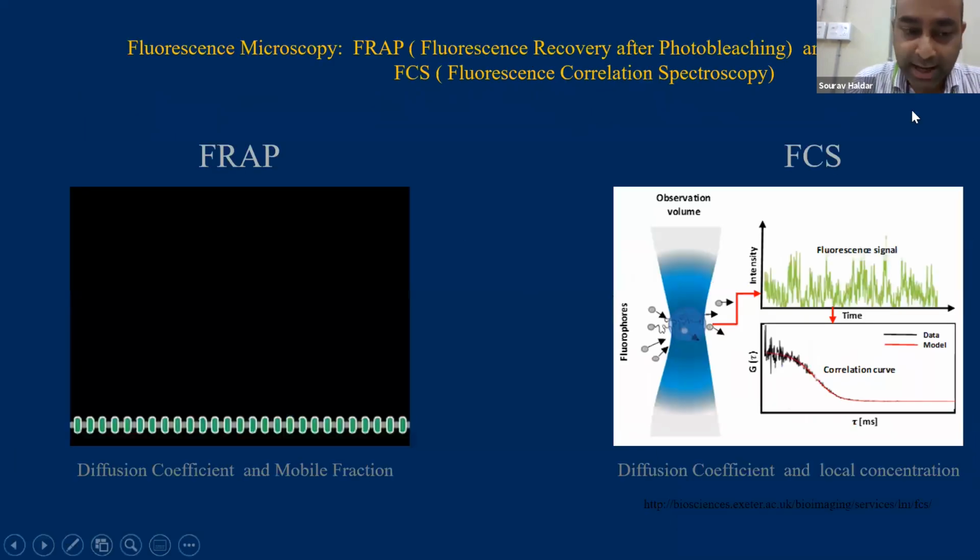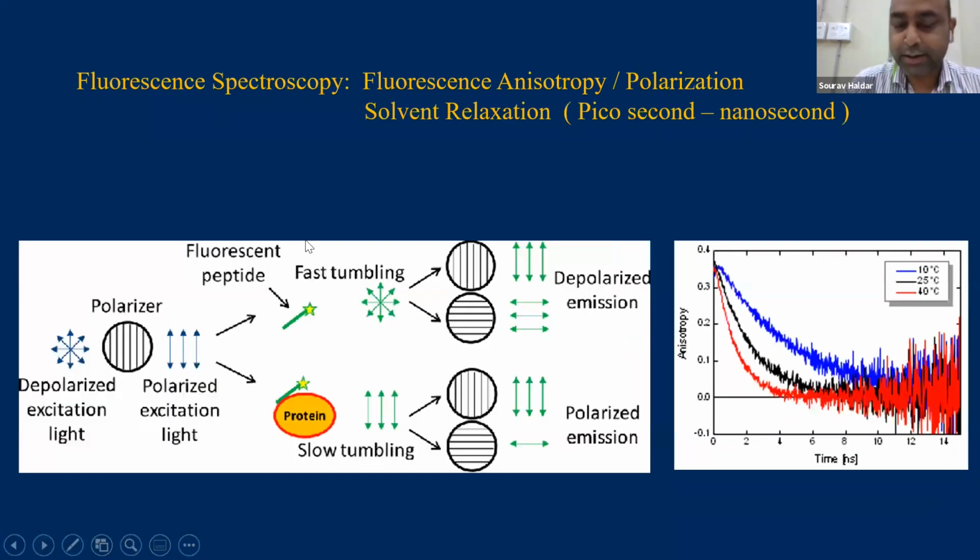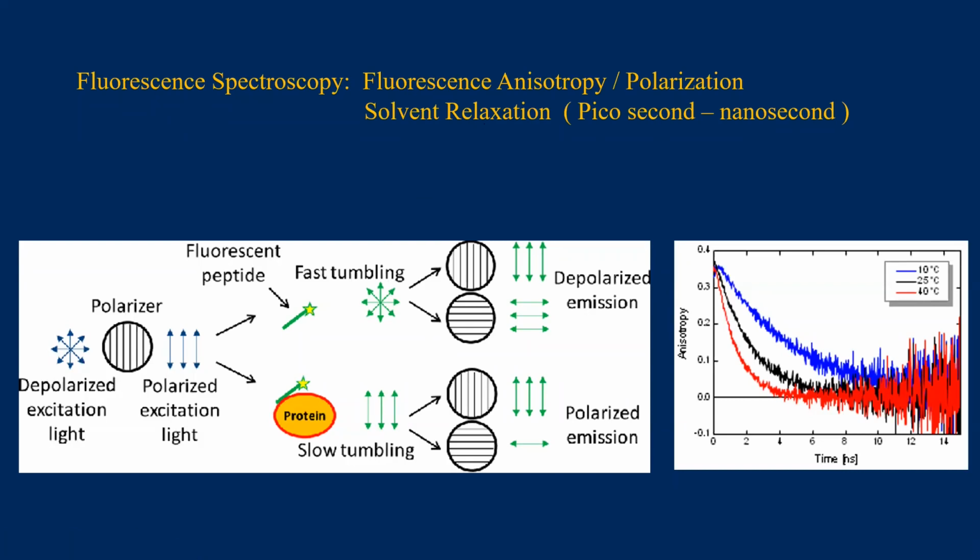Now, as I mentioned fluorescence anisotropy, there is another technique which is also routinely used, and I will not have enough time to take you through that, and that is called solvent relaxation. Solvent relaxation is actually a relatively faster technique than fluorescence anisotropy, but we do not get the same kind of information that we get by fluorescence anisotropy.